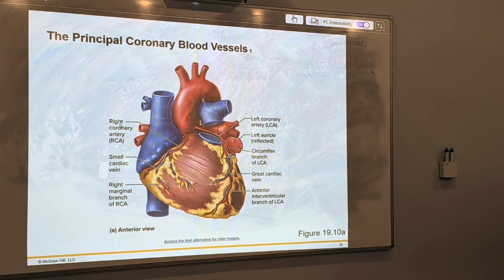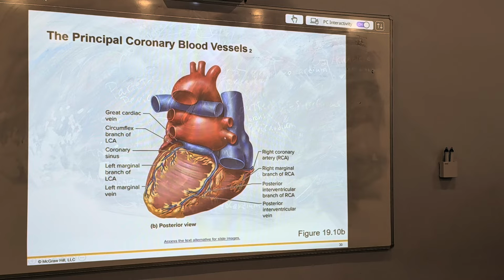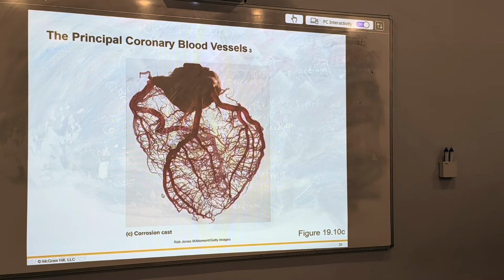You see, this is the right coronary artery, that's the small cardiac vein, and then the right marginal branch and the circumflex artery. That's the circulation that nourishes the heart itself. So you need arteries that bring oxygen-rich blood to the heart muscle, the myocardium, and you need veins to remove the deoxygenated blood.